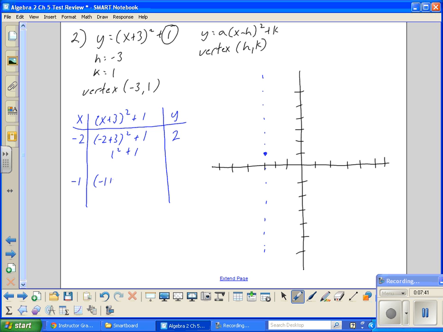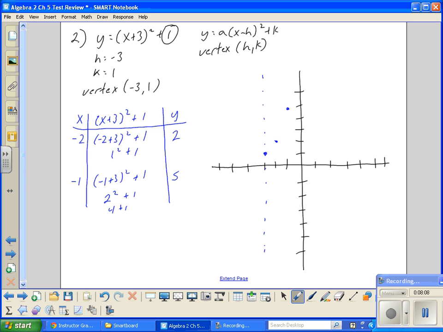So negative 1 plus 3 squared plus 1. It's going to be 2 squared plus 1, where 2 squared is 4, so 4 plus 1 is 5. So at negative 2, we're at 2. And negative 1, we're at 5.